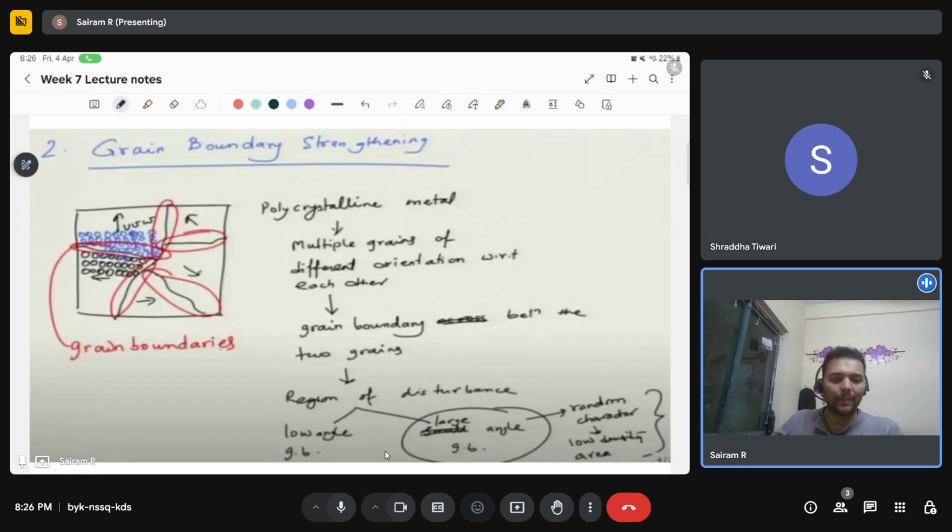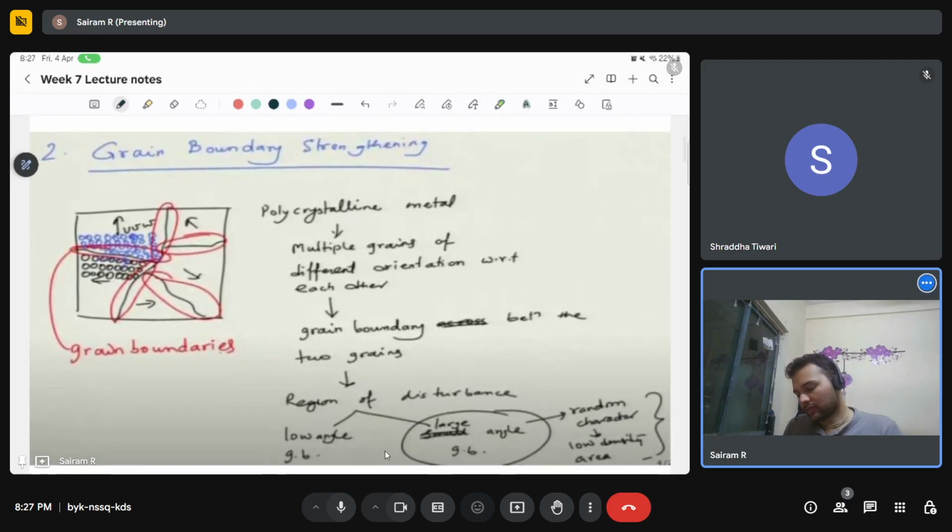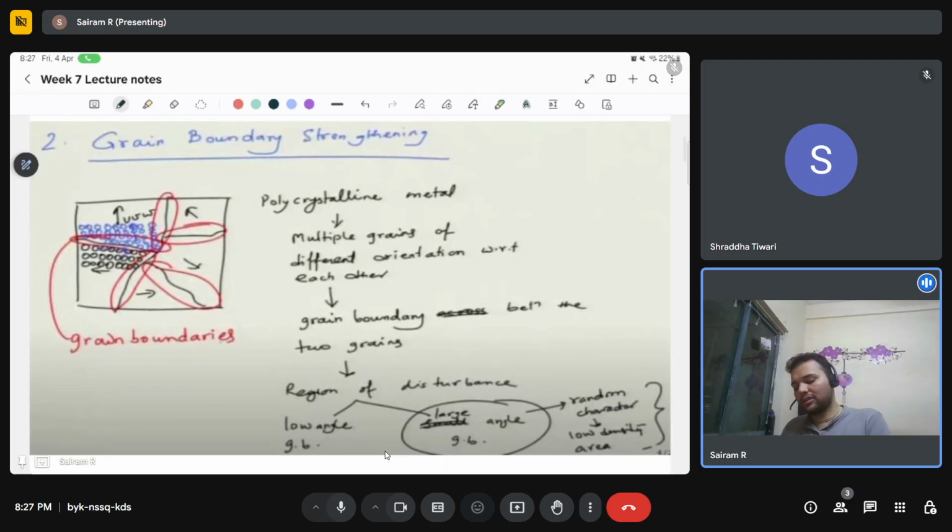The second strengthening mechanism that we saw is the grain boundary strengthening mechanism. When we talk about the grain boundary, we have two basic types: the low angle grain boundary, and the high angle grain boundary, the large angle grain boundary.